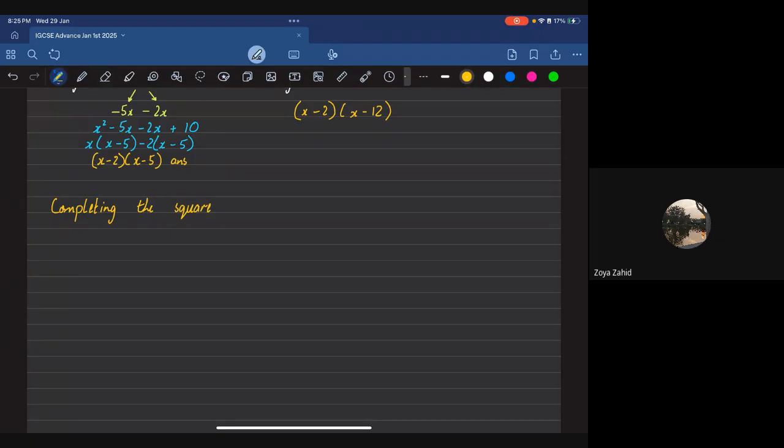So bluntly, it's not going to be stated as "express or simplify the expression using completing the square." No, the question statement is going to look like this.